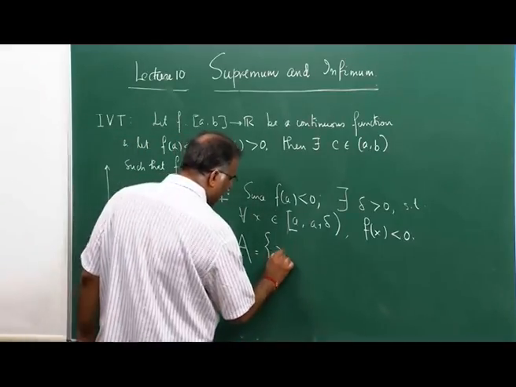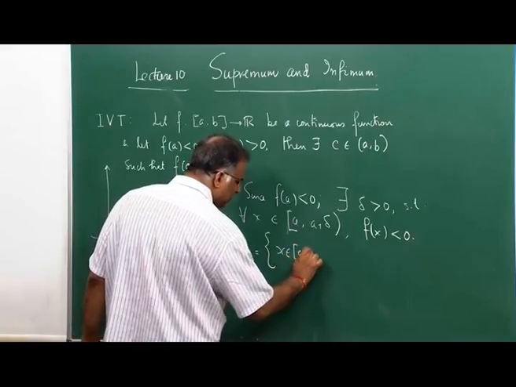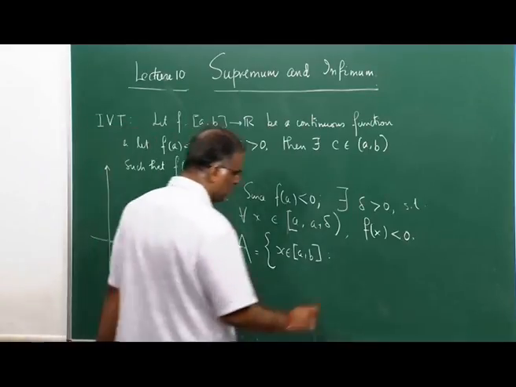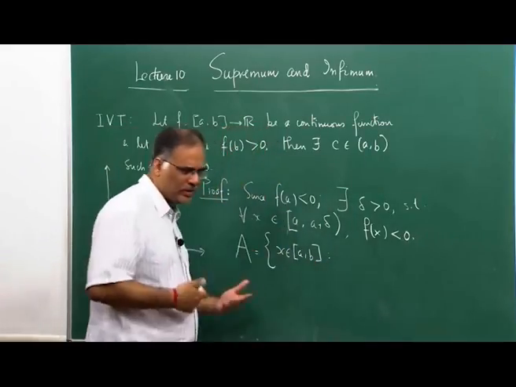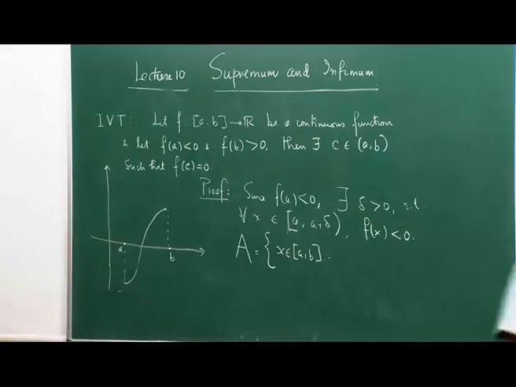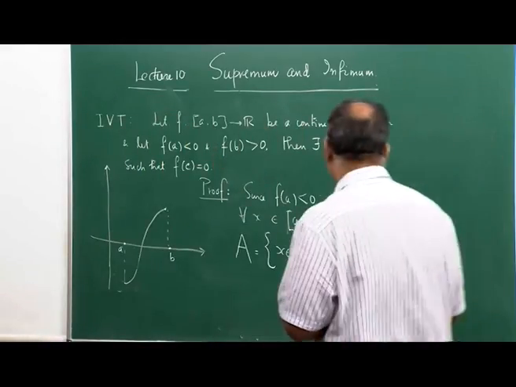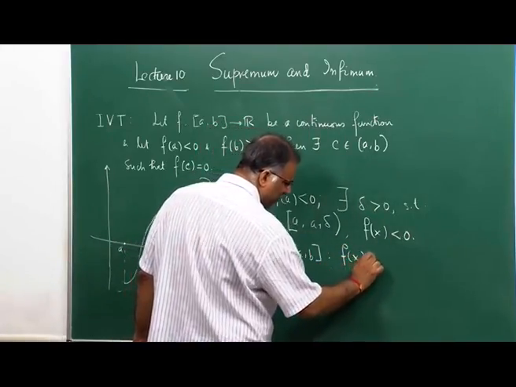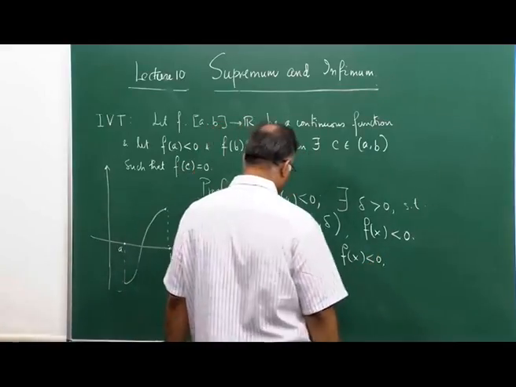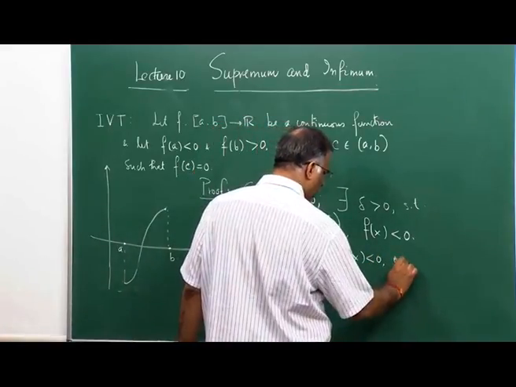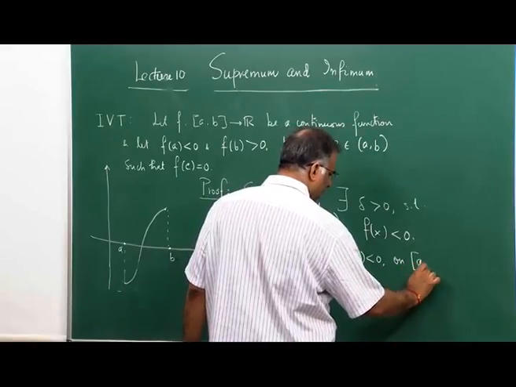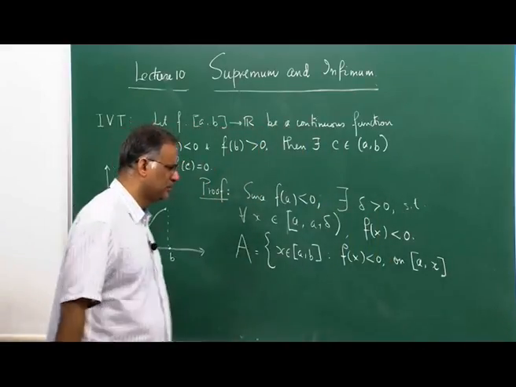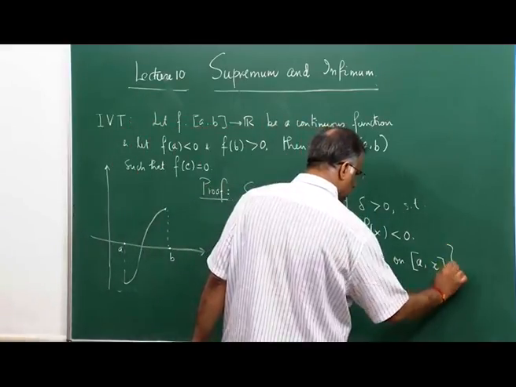It contains all x in (a, b) such that f of x is negative on [a, x]. Let me construct this set.